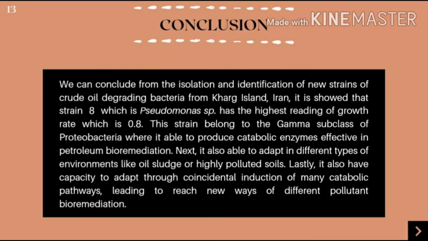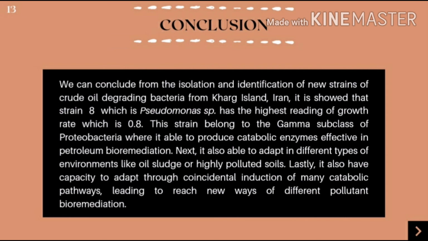The conclusions. We can conclude from the isolation and identification of new strains of crude oil degrading bacteria from Kharg Island, Iran, that strain 8, which is Pseudomonas sp., has the highest reading of growth rate, which is 0.8.